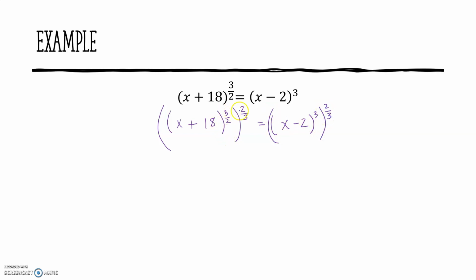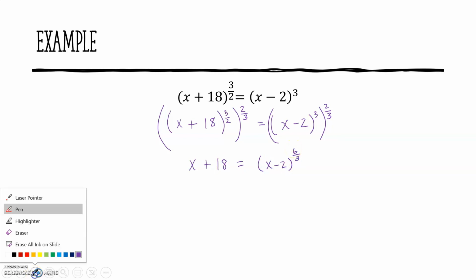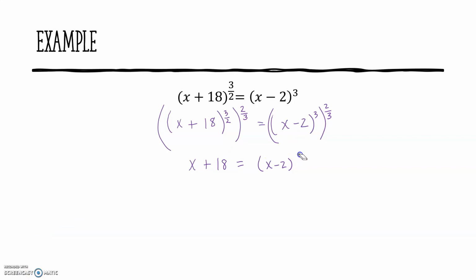And when I do that, I get 6 over 6 here, so this would be x plus 18. And on the other side, I get x minus 2 to the 6 over 3, which is the same thing as to the 2nd power. So I can write this as just squared.